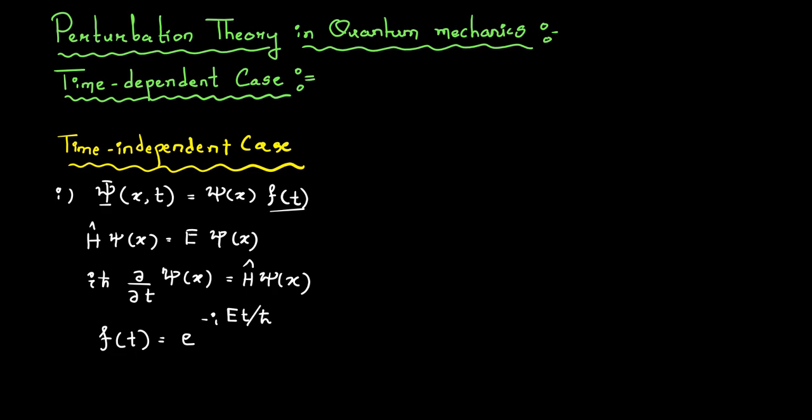Now, this is the fundamental idea behind the time independent case. There is something quite interesting. I can actually prove that this helps in the evolution of the wave function. Given that you know a wave function at time t equals 0, how would the wave function look at time t equals t? How is the whole thing going to evolve?